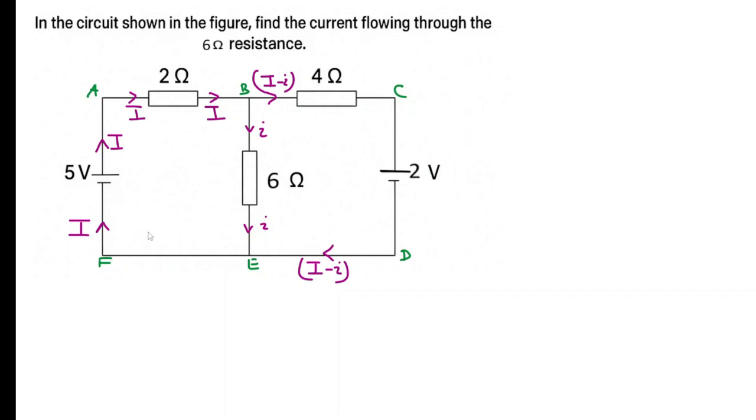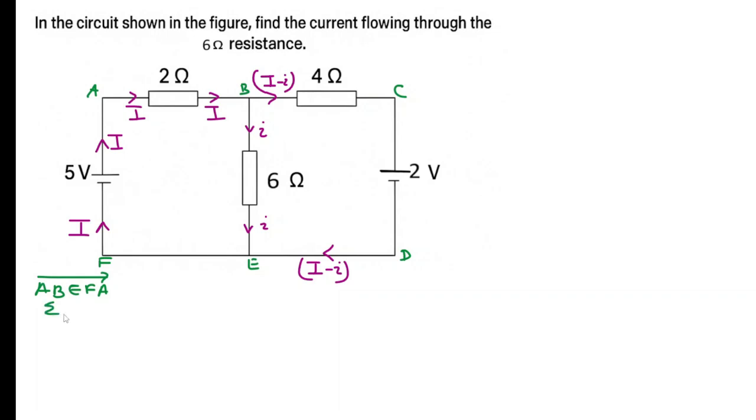Now I can write my Kirchhoff's second law equations for this loop, or the big one. So you can really choose anything. I'm just going to start with the one on the left. So let's do it for A, B, E, F, A, this way.